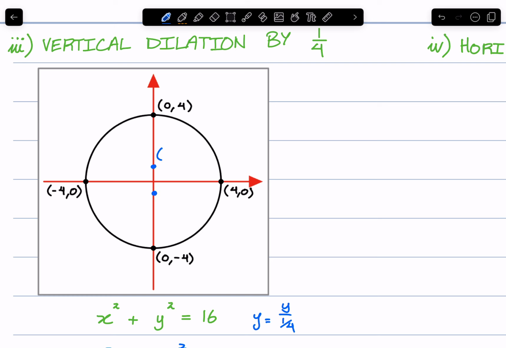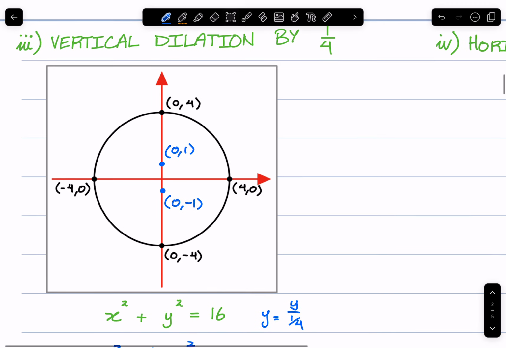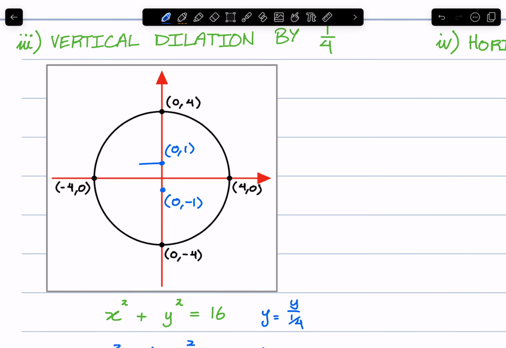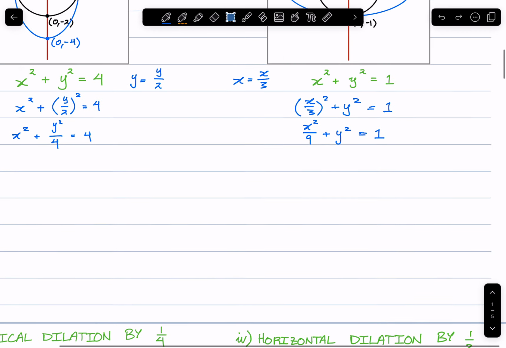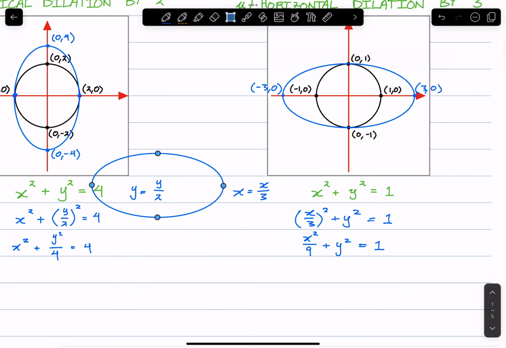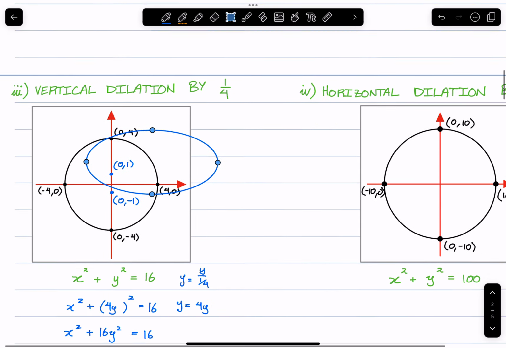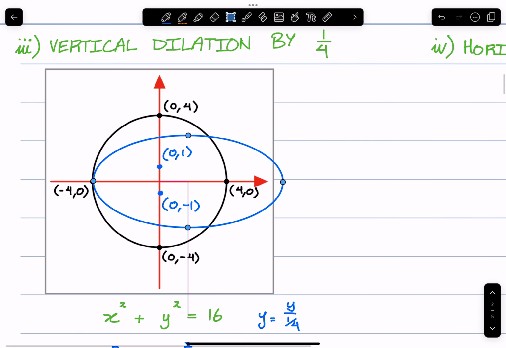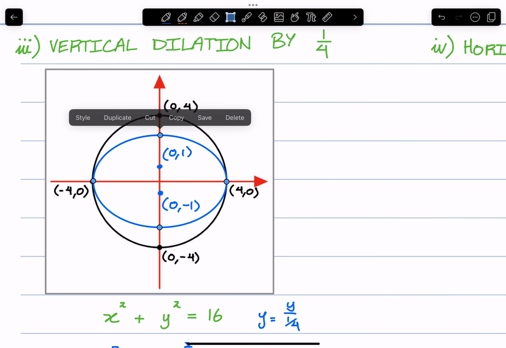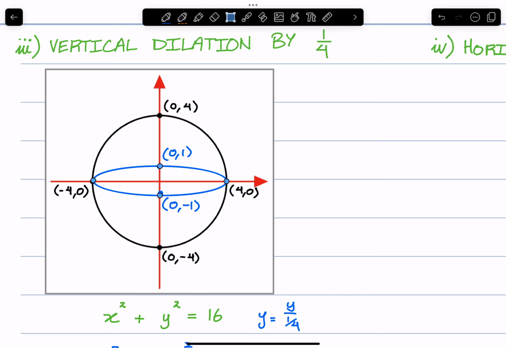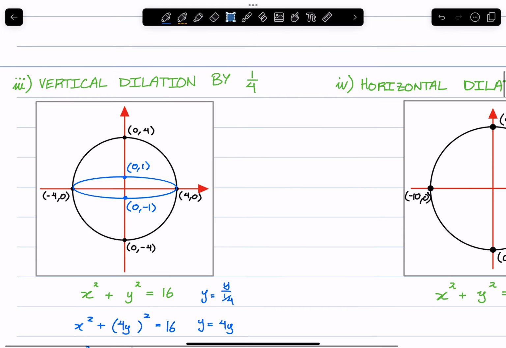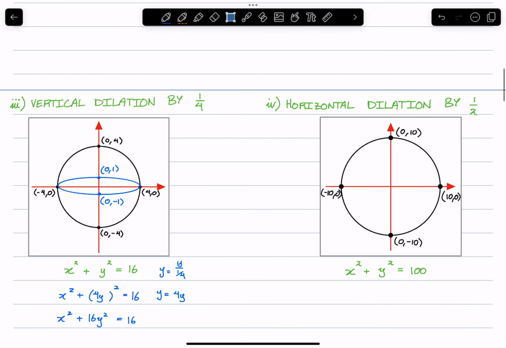So the coordinates of this one would be (0, 1) and (0, -1). And again, we could just sketch this something like so, but to make it easier for myself, I'm just going to grab this one and just paste it on here. So it should look something like so. So that there is a vertical dilation by a quarter.